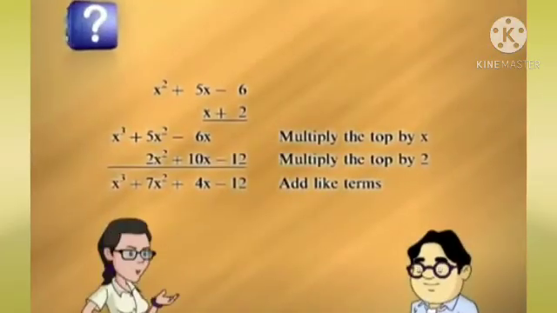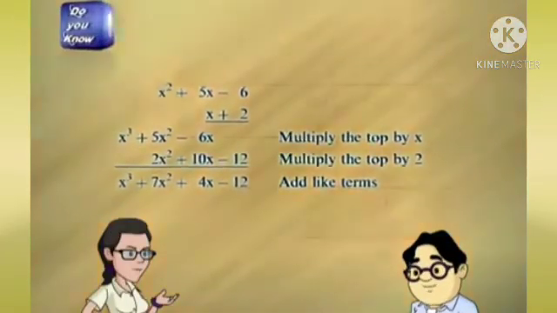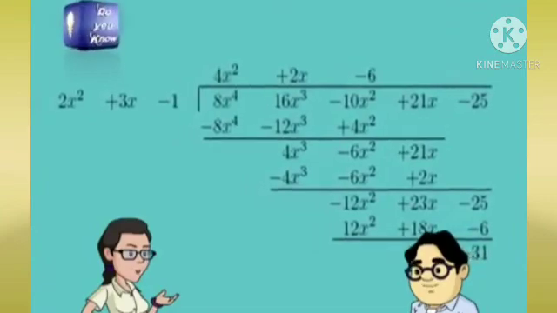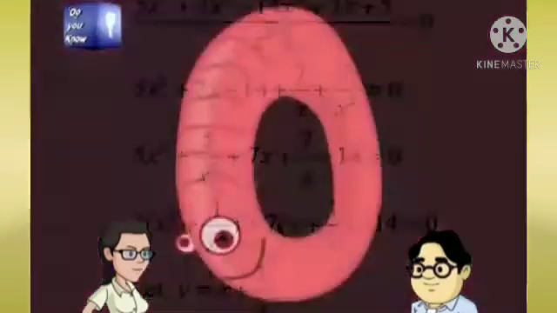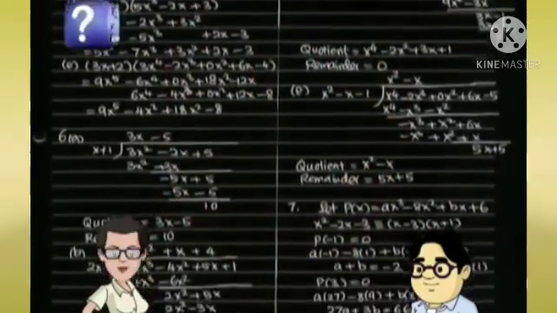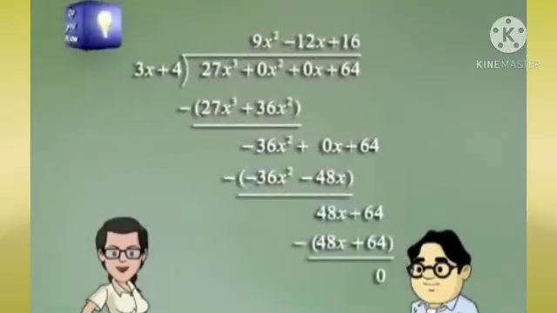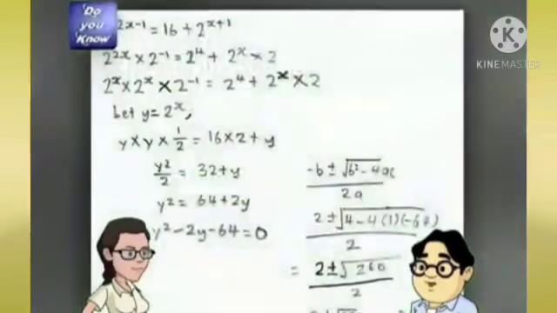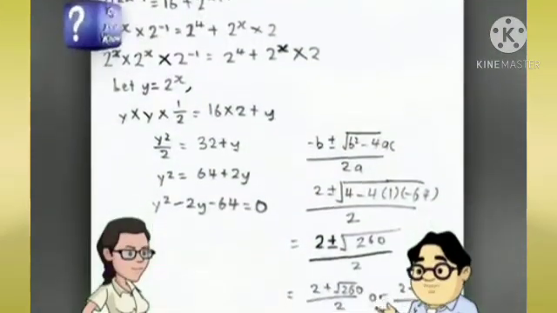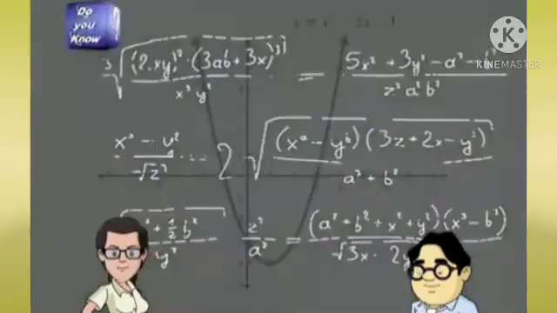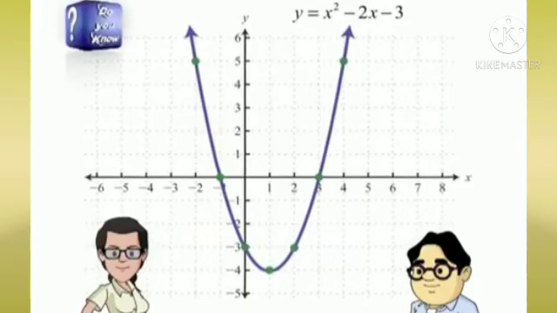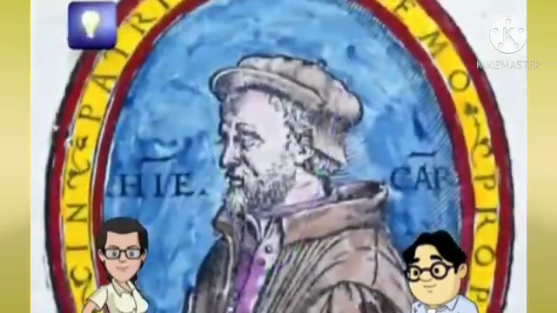You know, Snail, the journey of finding roots or solutions of a polynomial is very interesting. Well, what is the solution of a polynomial? It's called the zero or root of the equation as well. It's the value of the variable which makes the polynomial zero. Oh God! How does one find this root? Well, there are various methods to do so. One of them is plotting the graph of the polynomial.